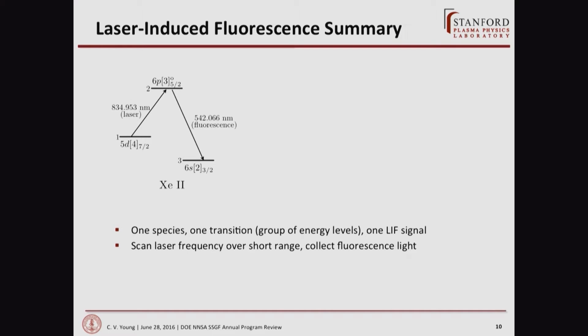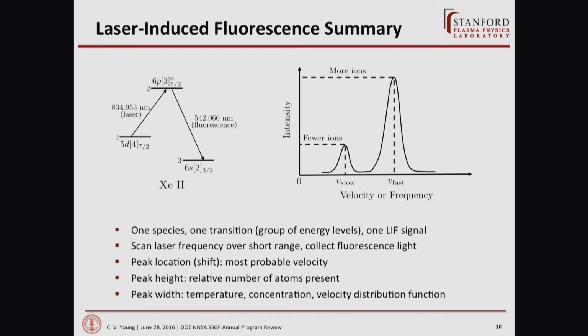So in summary, for the LIF method, we're targeting one species, so you usually need one laser per species. You pick out a target transition. We're going to scan the laser across that fluorescence transition and build up the fluorescence line shape. And again, you can get things like the most probable velocity and the relative peak height: the more ions you have, the more fluorescence photons you will detect, right?